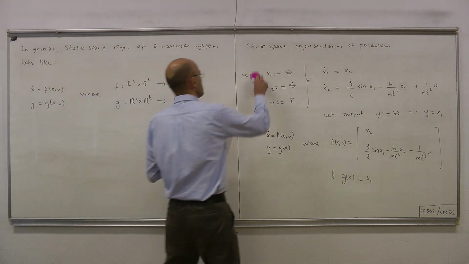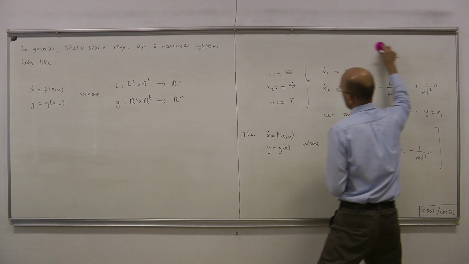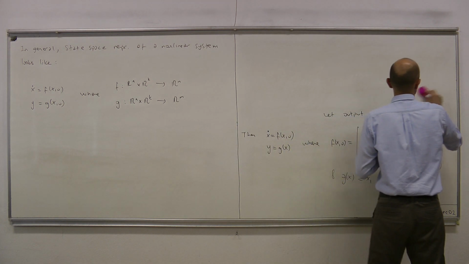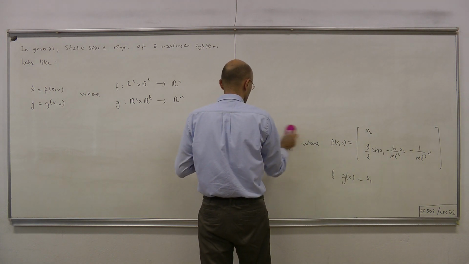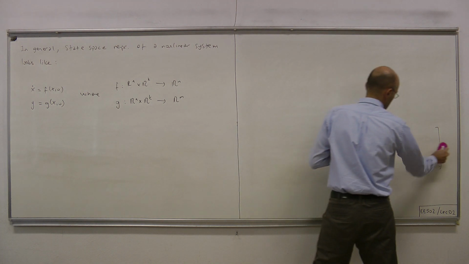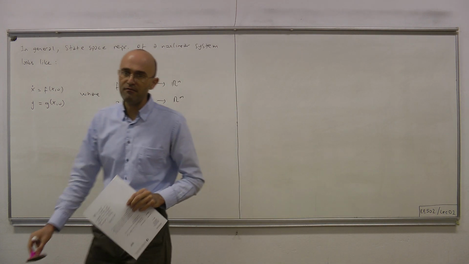Okay, now for this nonlinear system, we will now obtain an approximation. And for this, let's begin from a very simple case and generalize. Now consider a function, let's call it f.